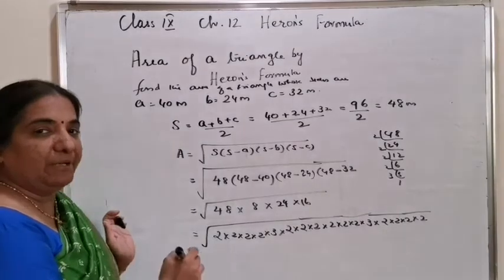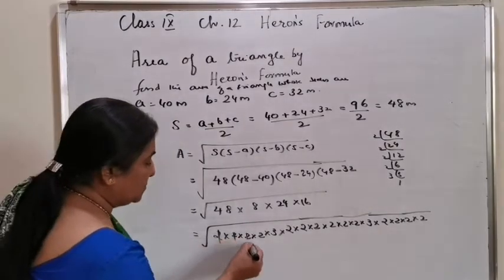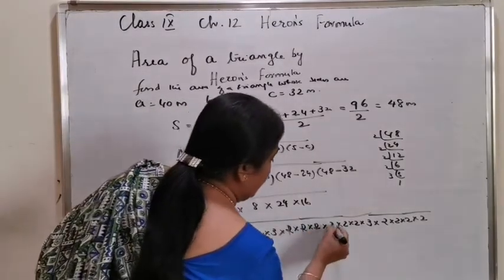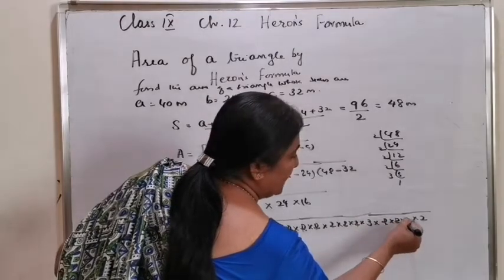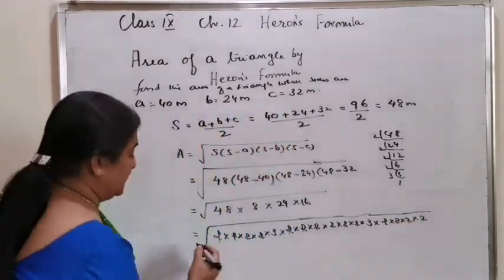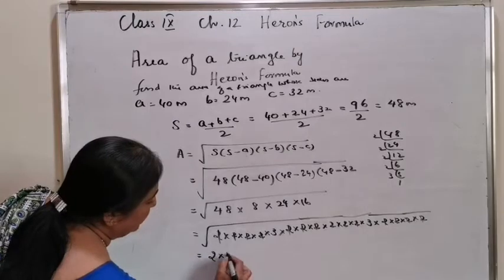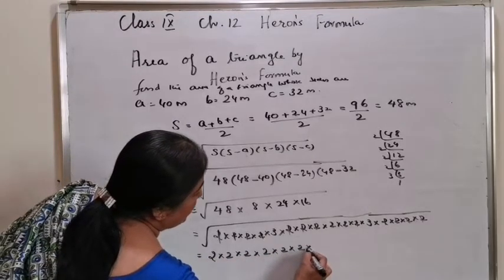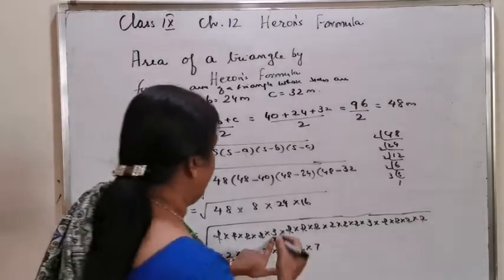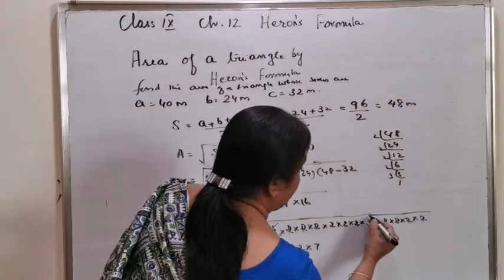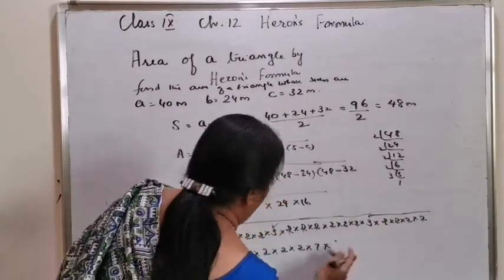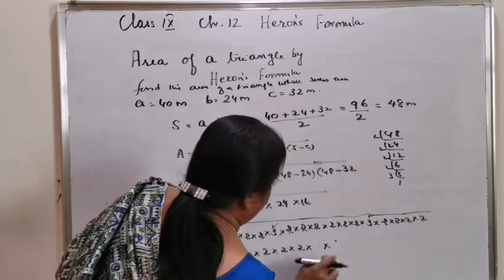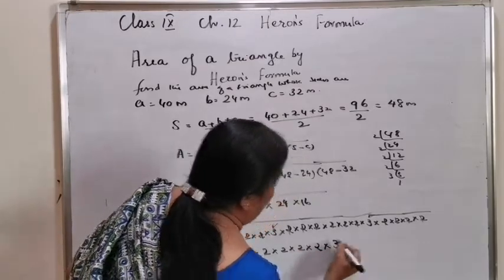Count the number of the factor 2. 1, 2, 3, 4, 5, 6, 7, 8, 9, 10, 11, 12, 13, 14. That means 7 times 2, 2 to the power of 7. And 3 appears 1 time.